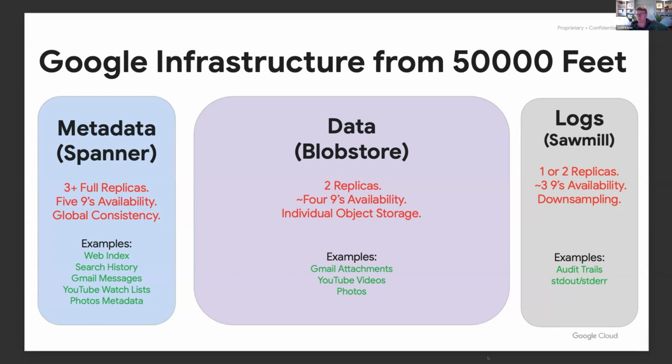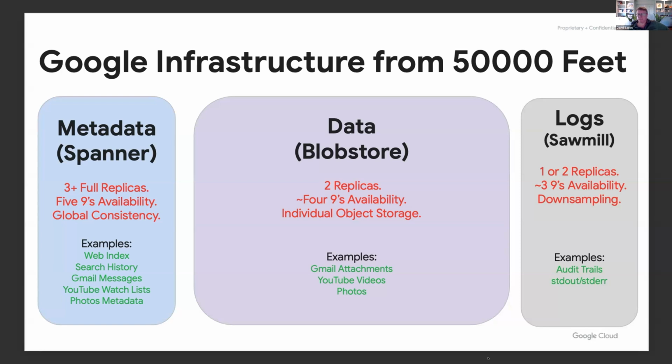I suspect slides, and I'm not sure about text documents. And for that data, we have normally 2 replicas that are geographically distributed, slightly lower availability, and it's just individual object storage. There's no notion of transactionality there.